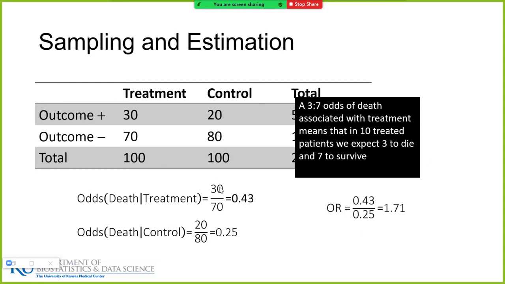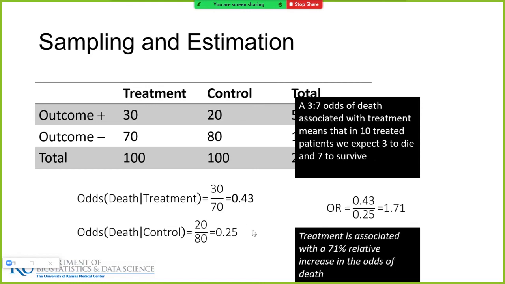And then the odds ratio, where I take the odds in the treatment group and compare it to the odds in the control, is 1.71. That just means that treatment is associated with a 71% relative increase in the odds of death. So it's higher odds in the treated group than in the control group.